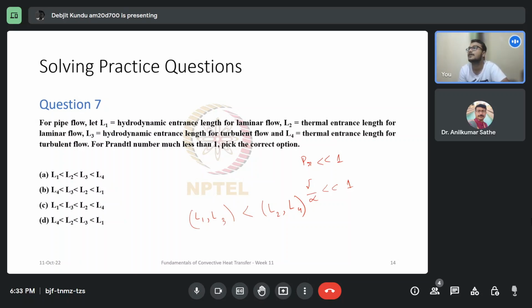Now in case of turbulence, that entrance length gets even smaller.